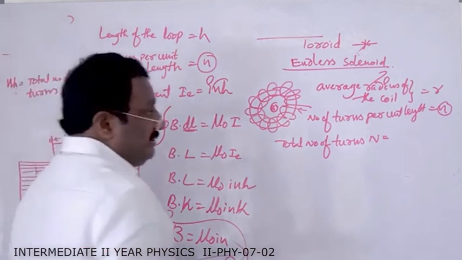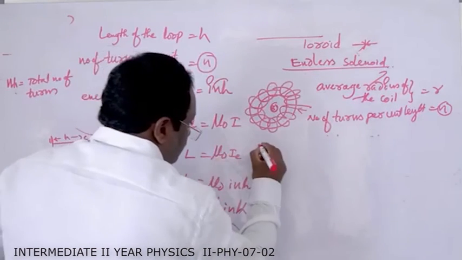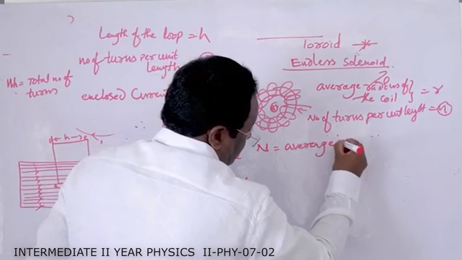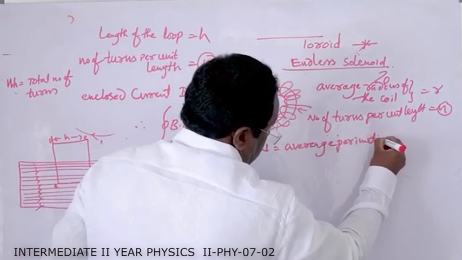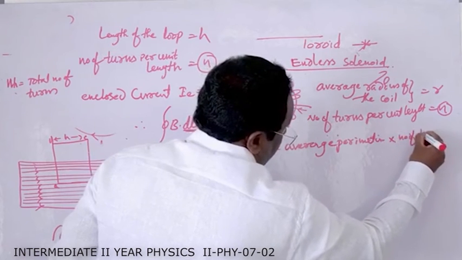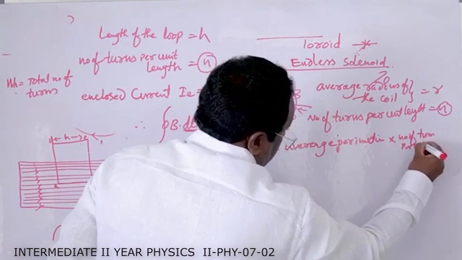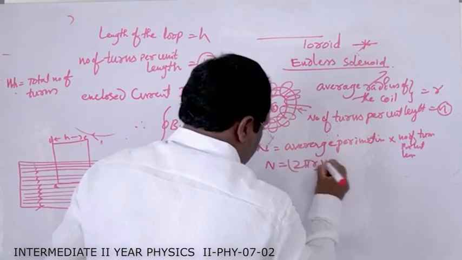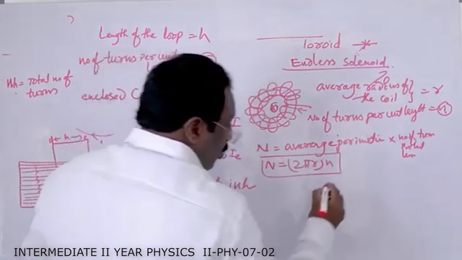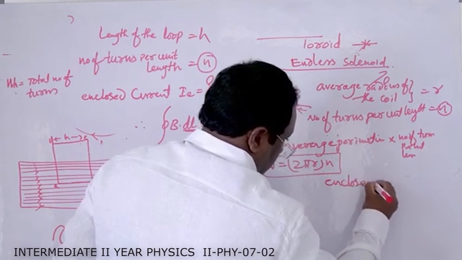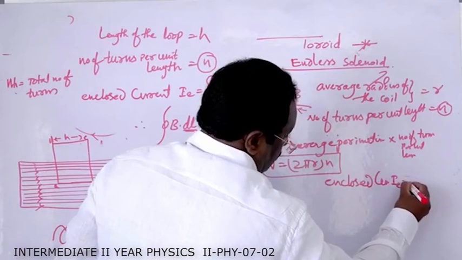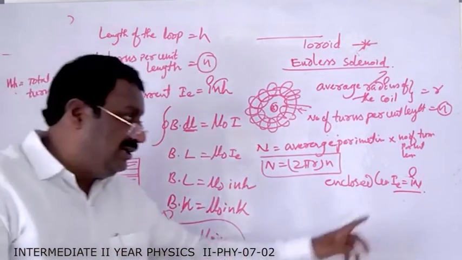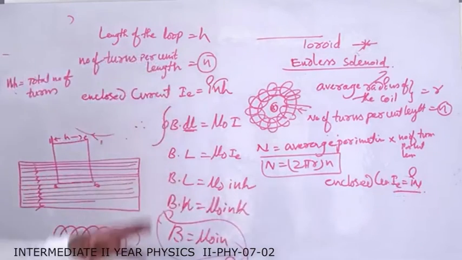So we can write: average perimeter times number of turns per unit length, N equals 2 pi r times n. Now we write the enclosed current: I times N, where I is the current and N is the number of turns.